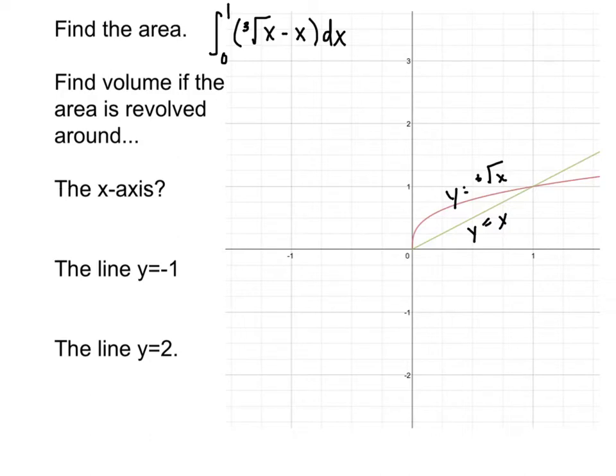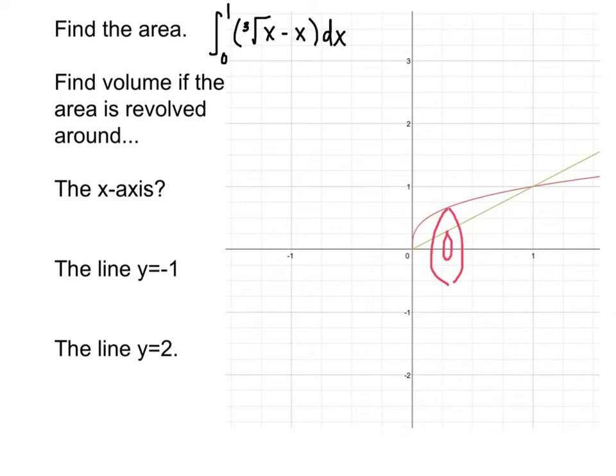Next, we're going to find the volume if it's rotated around the x-axis. Okay, I'm going to get rid of that so we have a little room to write. So, if I revolve this around the x-axis, what I end up with, revolving each piece, is kind of a hollowed out bowl.